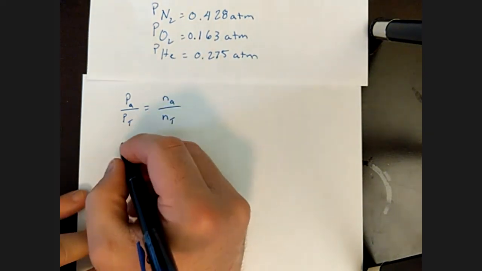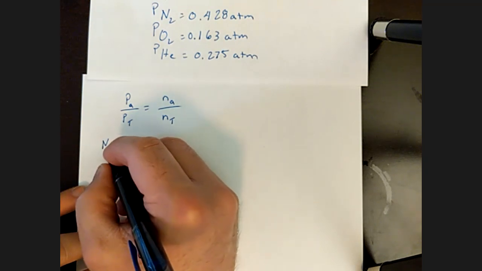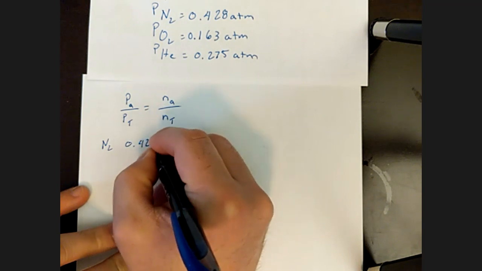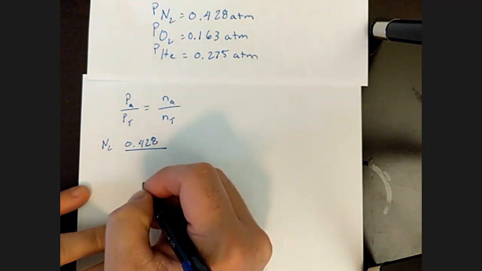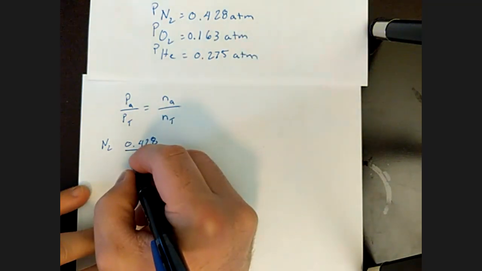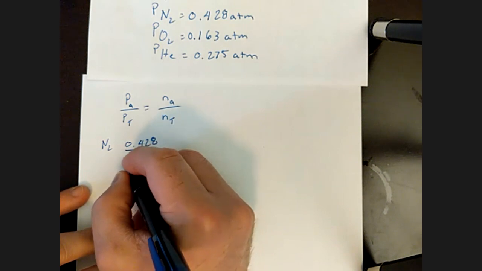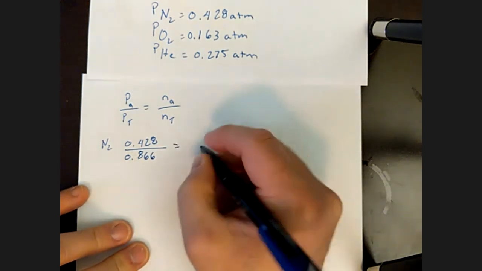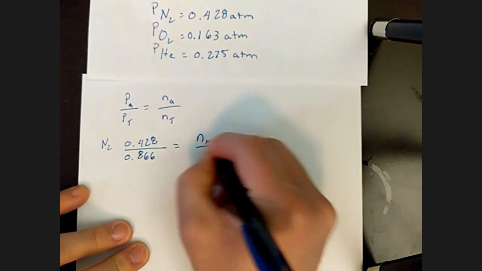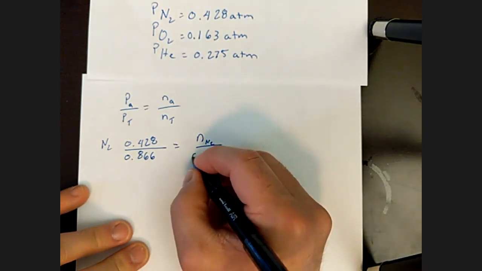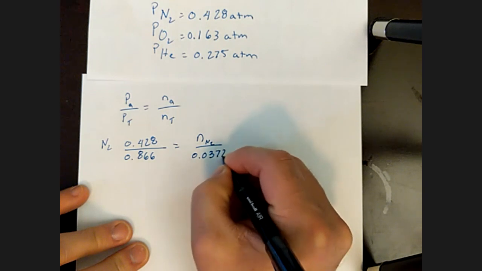For nitrogen, the partial pressure of the nitrogen over the total pressure, which we calculated was 0.866, equals the moles of nitrogen over my total moles, which we calculated were 0.0372.